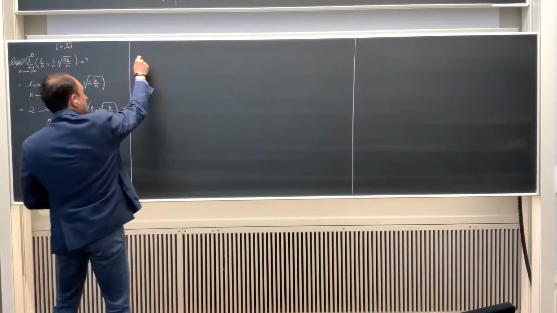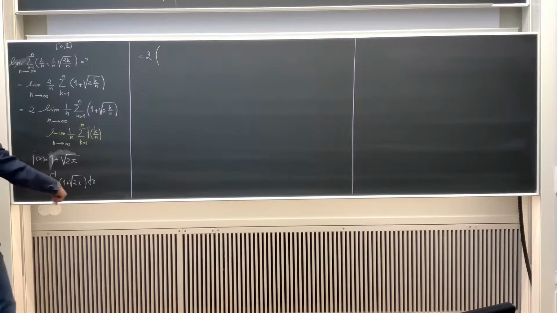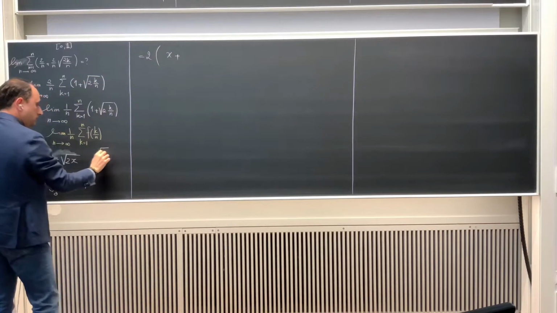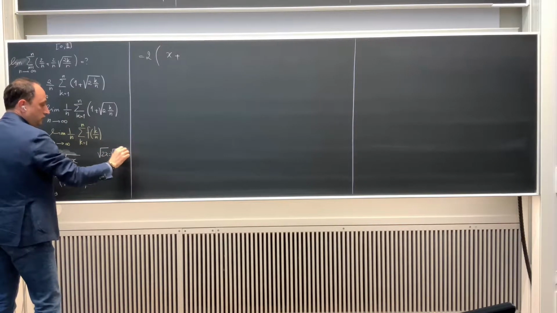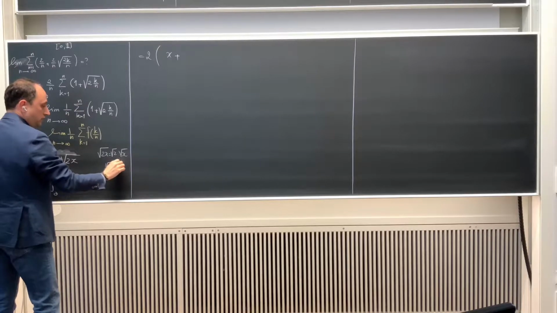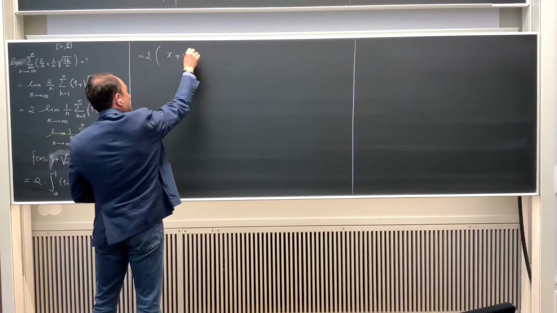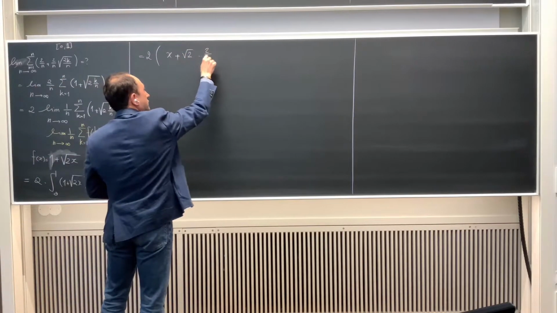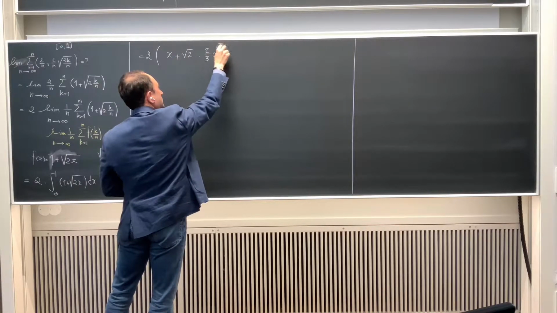Let me just do this because I want to compare it with a different result. A primitive function for 1 is x, and the square root of 2x can be viewed as the square root of 2, which is just a constant, times the square root of x, that is x to the power of 1/2. So I find a primitive function for this: it is 2/3 x to the power of 3/2.